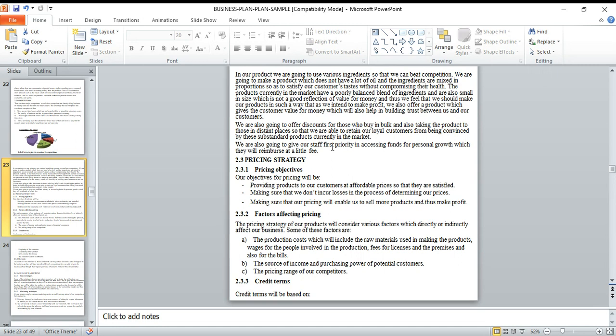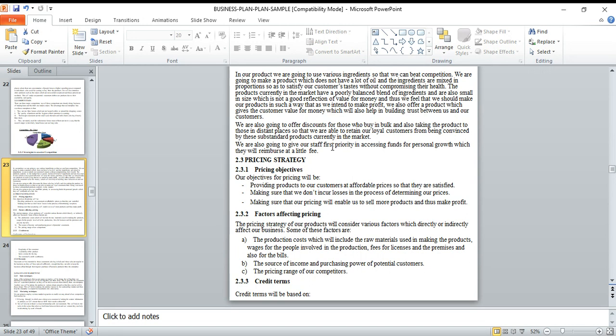Our objective for pricing will be providing products to our customers at affordable prices so that they are satisfied. Number two, making sure that we don't incur losses in the process of determining our prices. Then number three, make sure that our pricing will enable us to sell more products, thus making profit.